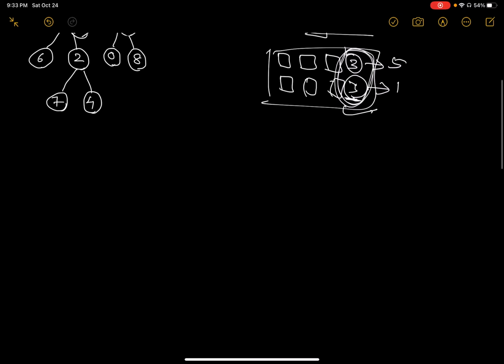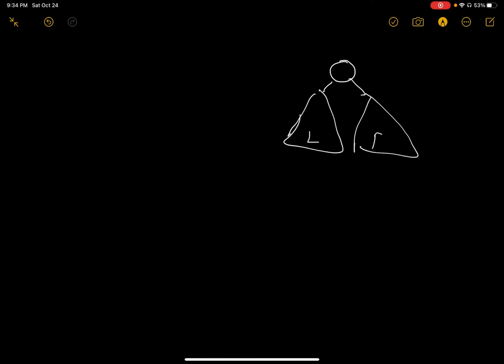Now if we try to think about how to find the lowest common ancestor, there could be two different scenarios. One could be that we have a node, and this node has a left subtree and a right subtree, and both the nodes P and Q are in different subtrees of this particular node.